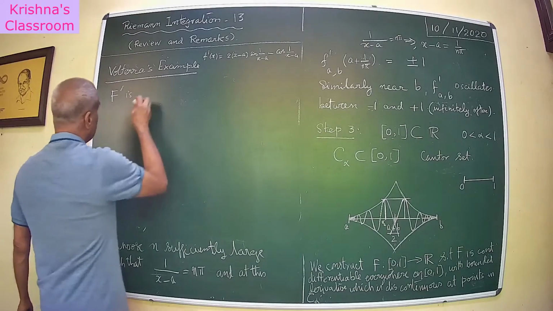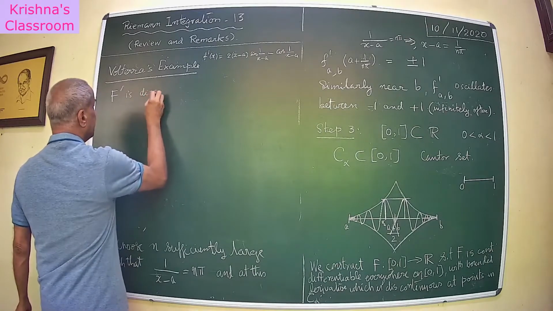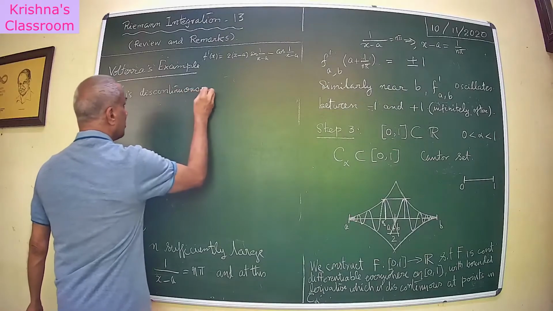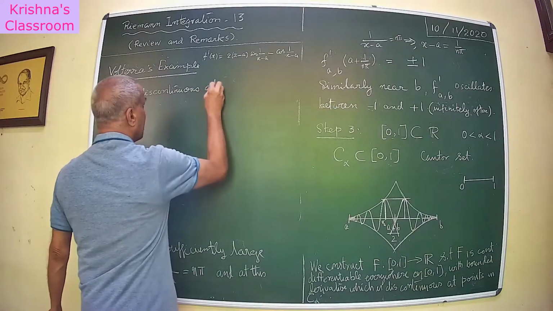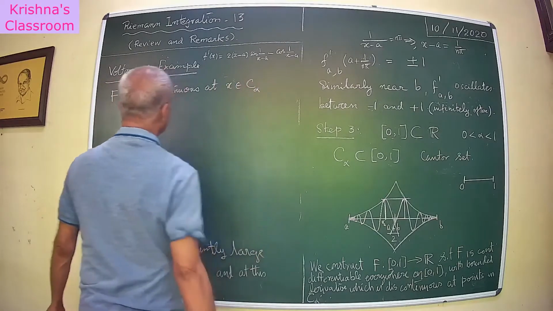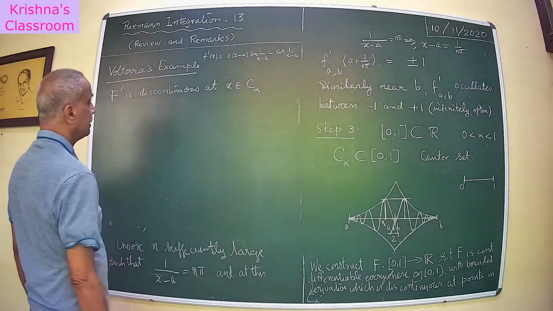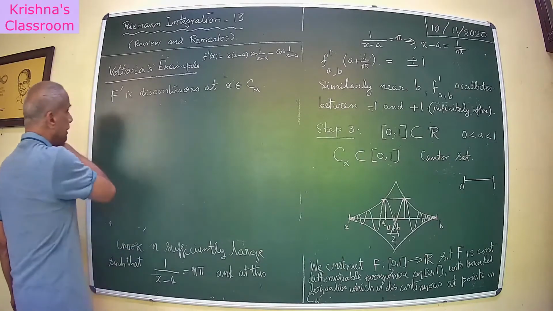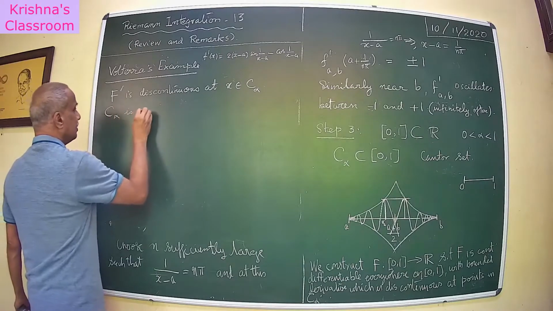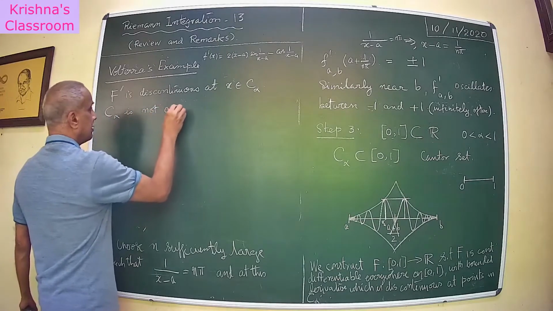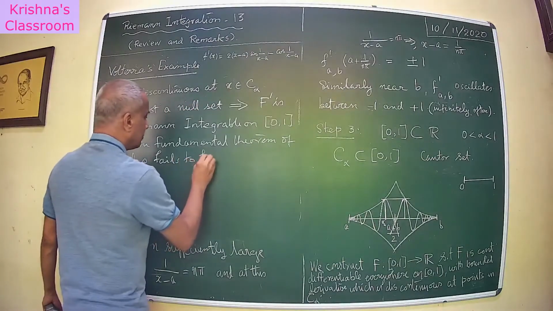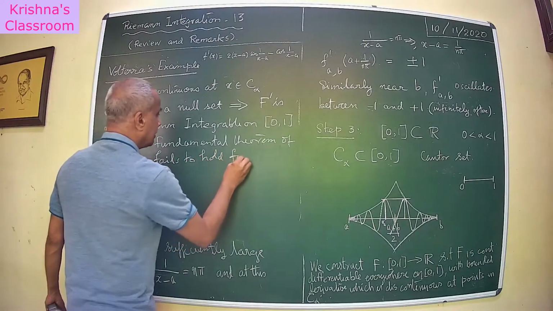So f derivative is discontinuous on C alpha, and C alpha is not a null set.